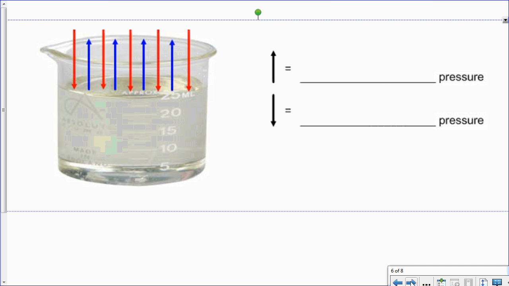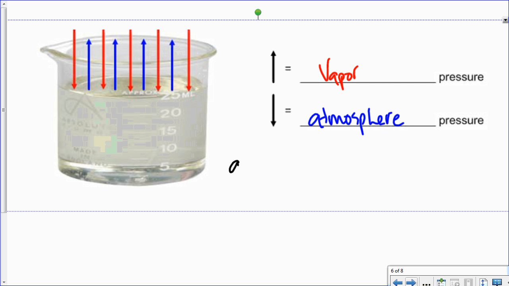Last thing we want to note here, the arrows that are pointing up, I've said it a few times, that is the vapor pressure. Those guys are fighting against the atmosphere, and the arrows that are pointing down are the atmosphere pressure. And boiling is a pressure game. So whichever pressure wins results in the substance staying a liquid or turning into a vapor.